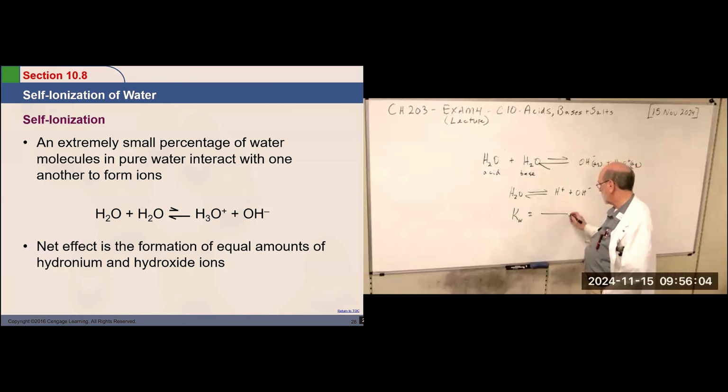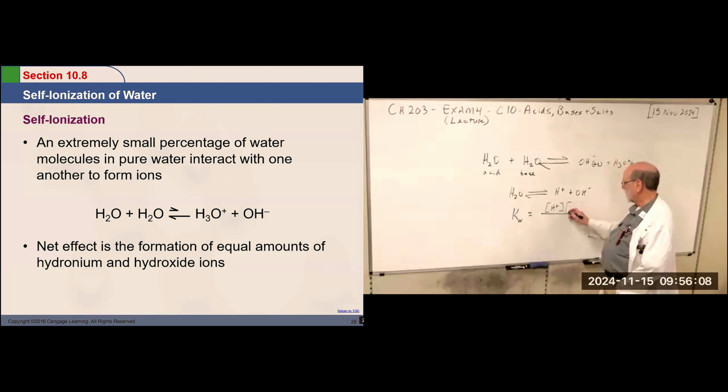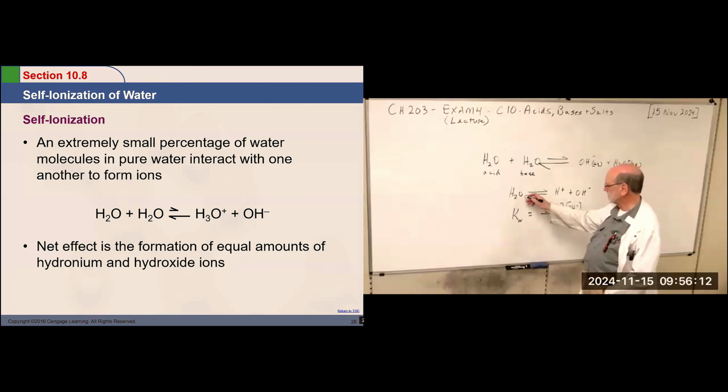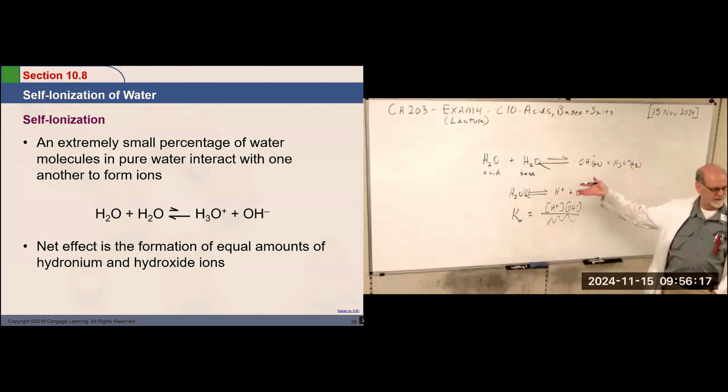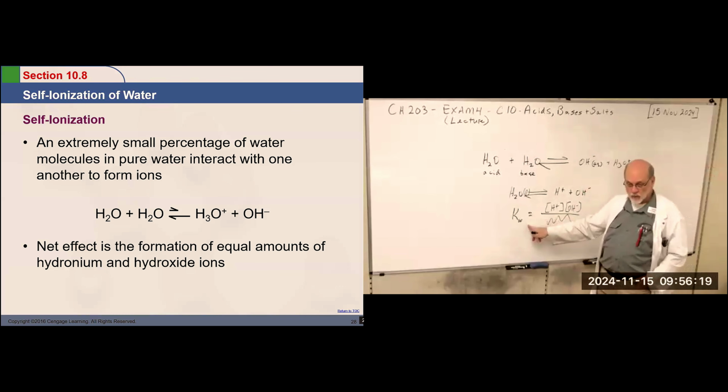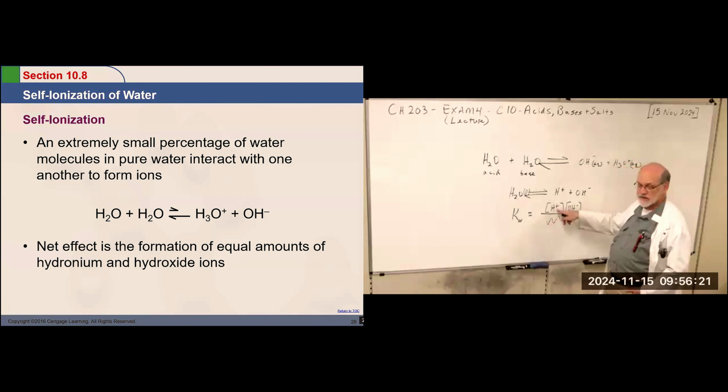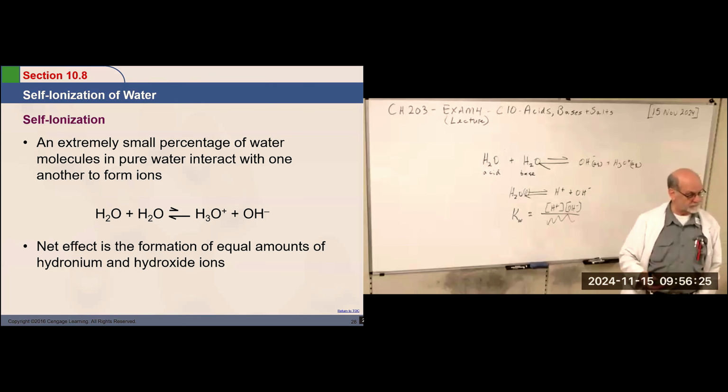So we would put what? Hydrogen ions or hydroniums, hydroxyls. What's in the denominator? Nothing, right? That's pure water. So the Kw for water is simply the hydrogen ions or the hydroniums times the hydroxyls concentrations at equilibrium.